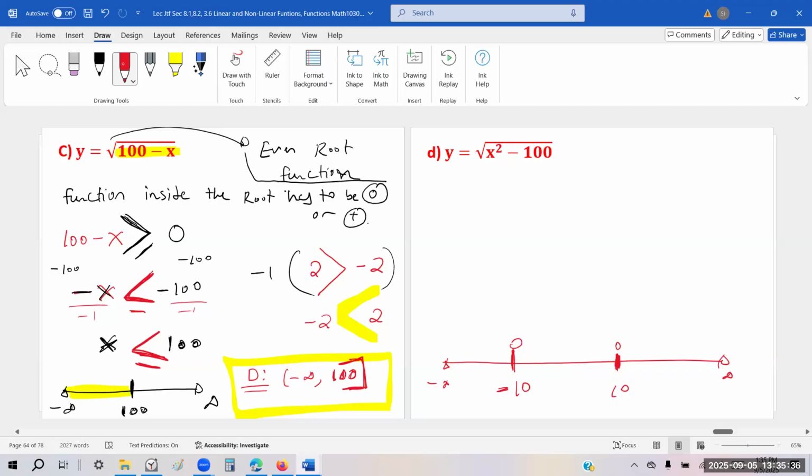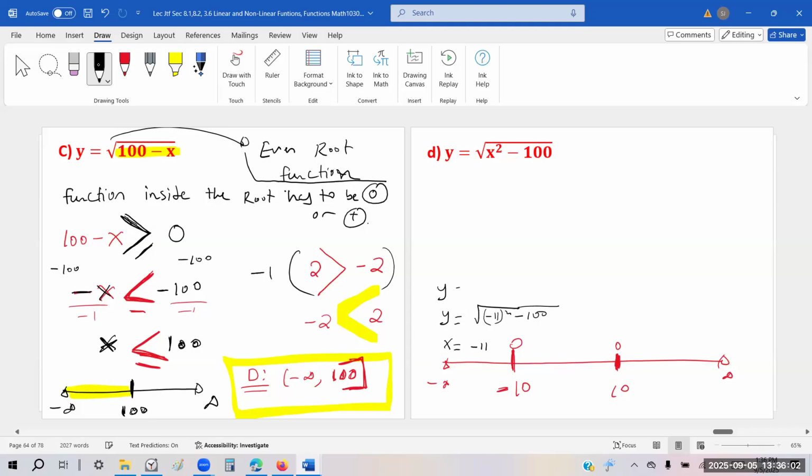How can you figure that out? Let's say I pick a number here. What number do you want to pick? Anything smaller than negative 10? Negative 11? Okay. Let's see. When x is negative 11, what's the y? Negative 11 squared minus 100. What is negative 11 squared? 121.